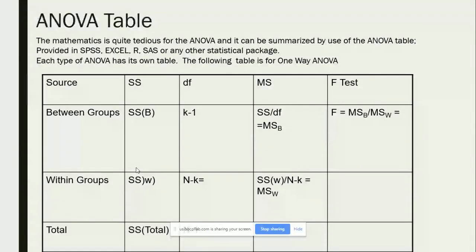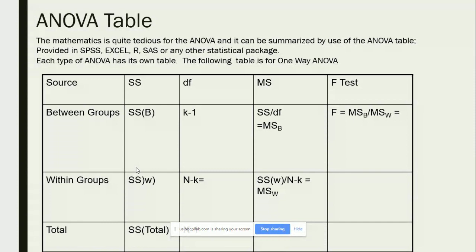And then, the mathematics underlying the ANOVA can be quite tedious. So all software packages will show the ANOVA table instead. It's provided by SPSS, Excel, R, SAS Studio, or any other statistical package. Each type of ANOVA has its own table.